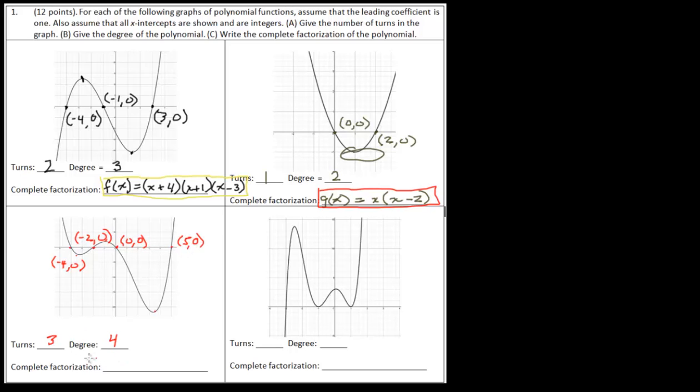So for this complete factorization, I'm going to give myself a little more room and write it here. H of x, we'll just use a different name for the function. H of x is equal to, now this 0, 0 again, we can just call that x.